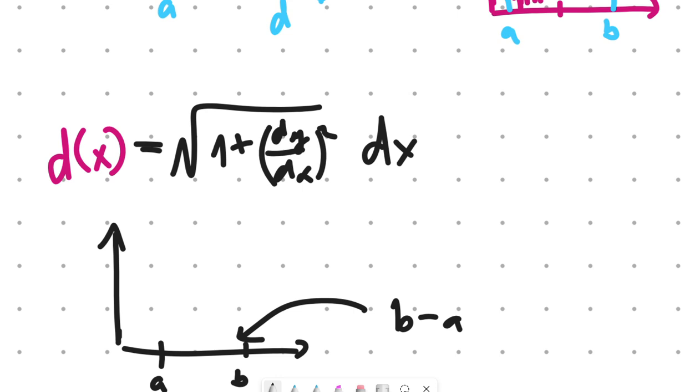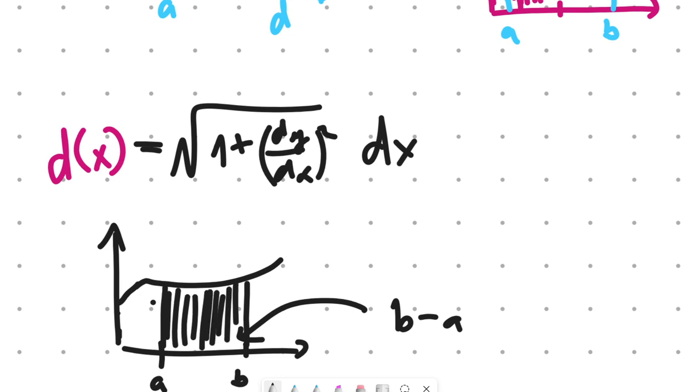Now, if we would like to make an integral out of it, or take the whole values in between, we're going to take rectangles inside. We're going to take a certain amount of rectangles, and let's assume the amount of rectangles is the value n. So we're going to divide by n for each width of each rectangle.